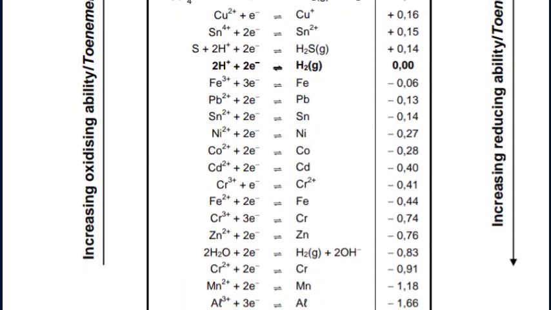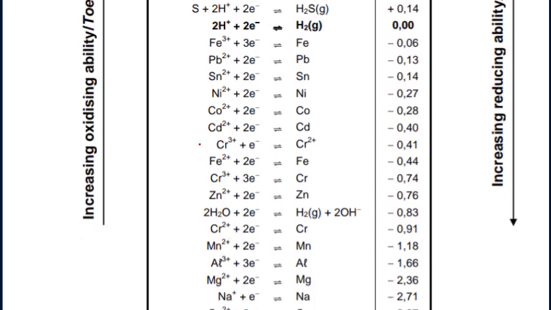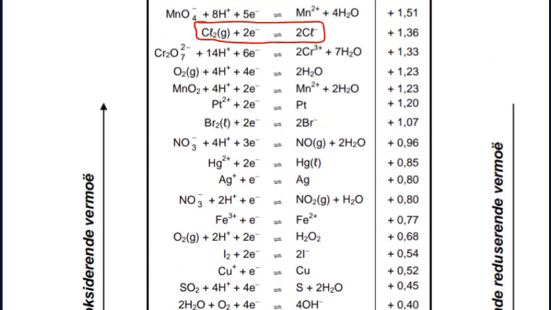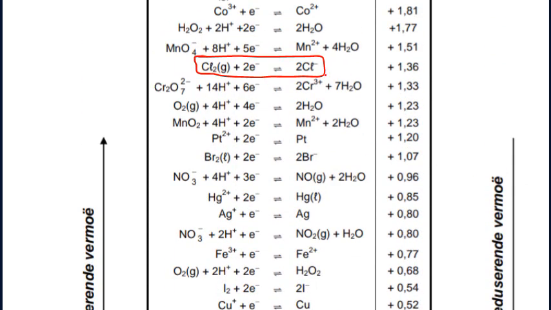When you scroll all the way down, you will find the half reaction that has water, hydrogen gas, and hydroxide ions. That is way below where you find the Cl minus. So you can already start imagining. These are direction arrows.